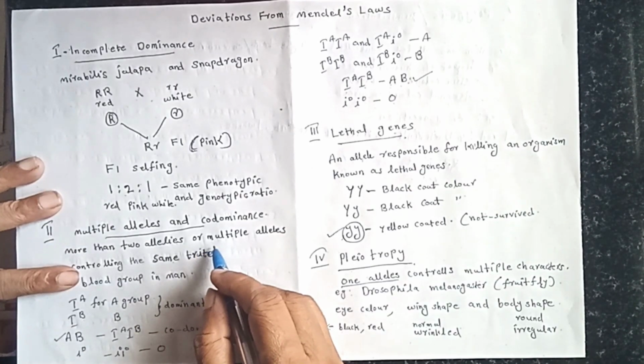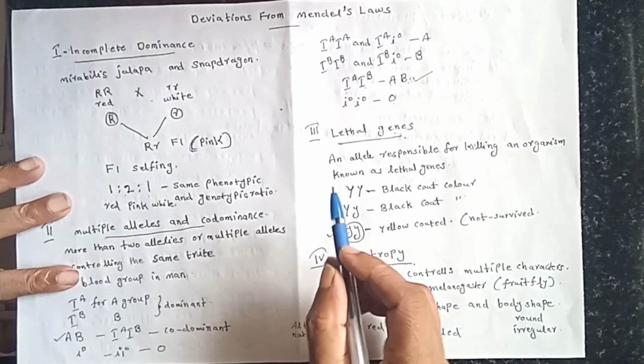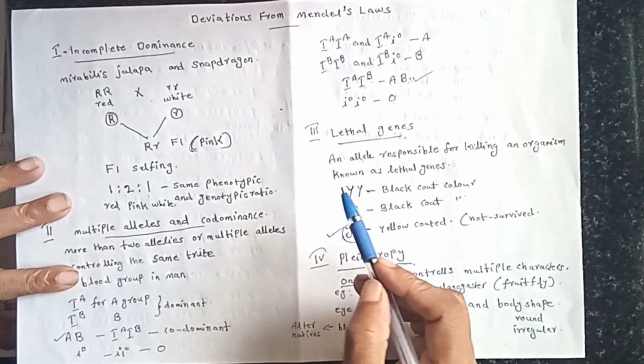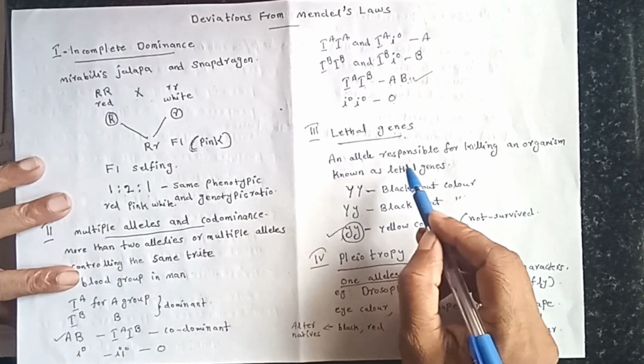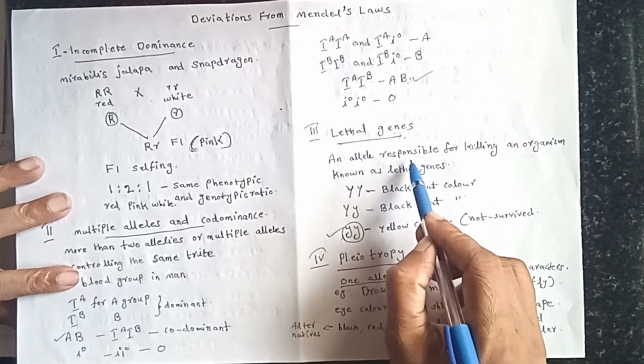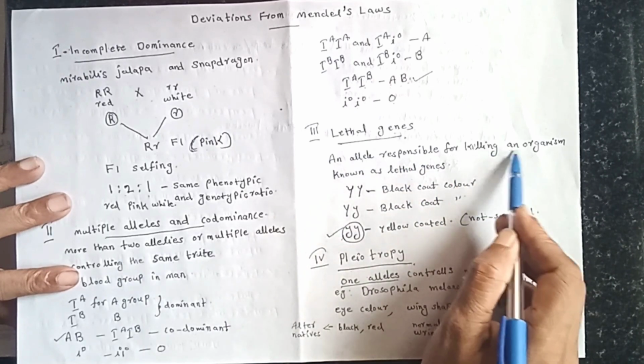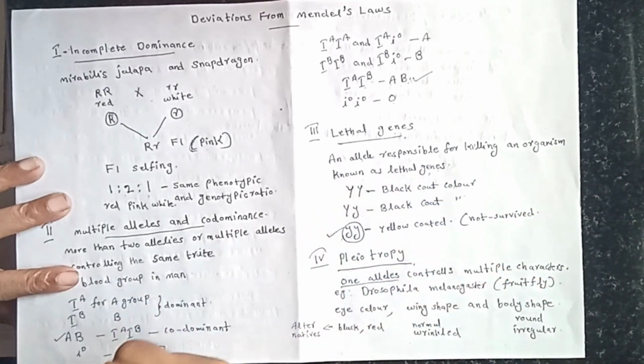Next example for deviation from Mendelian laws is lethal genes. What are lethal genes? An allele or pair of genes responsible for the killing of an organism is known as lethal genes.